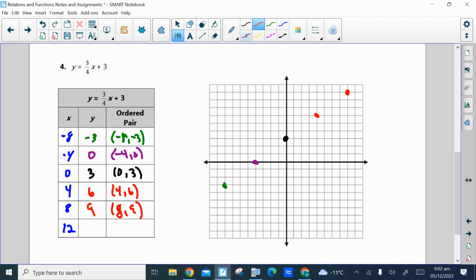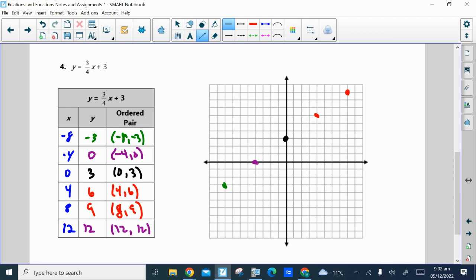I don't actually have to use my calculator for this last point because I know that the y values increase by 3. So the last y value is 9. The pattern continues. The next one will be 12, which again, I don't have room for on this graph. I could estimate where it is, but I don't need to do that.